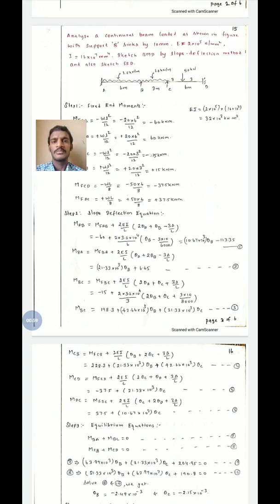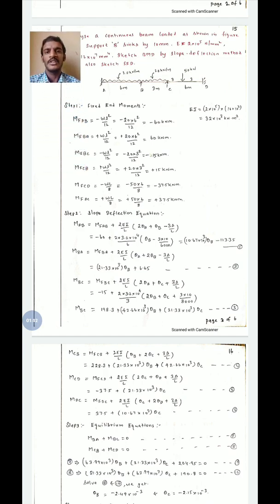In AB and BC portions UDL load 20 kN per meter is acting, and in CD portion point load 50 kN is acting at the middle of the span. In this problem load and span values are given in meter and kilonewton respectively, and Young's modulus and moment of inertia are given in Newton and mm power 4 units.